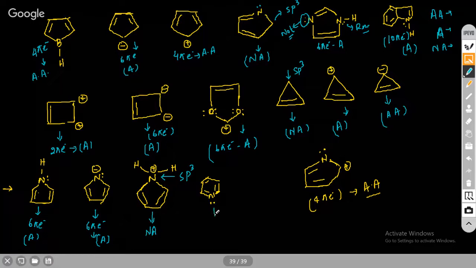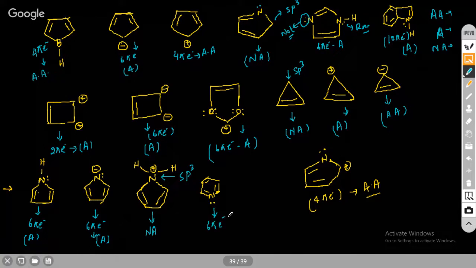What about this pyridine? How many pi electrons? 6 pi. See, pyridine has 6 pi electrons.